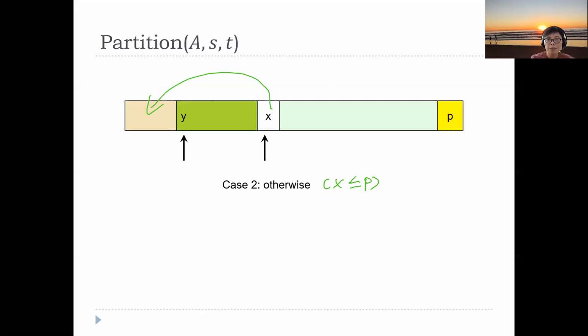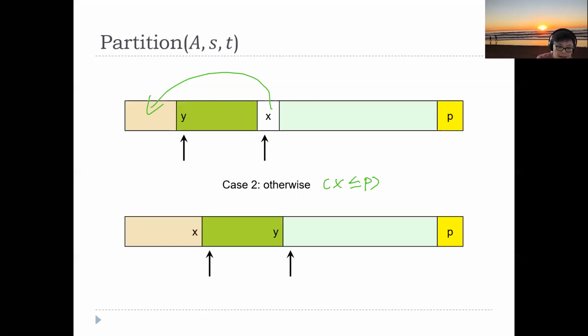The simplest thing I could do is simply swap X with Y. So I first swap these two. After the swap, X comes here and Y goes to where X used to be.